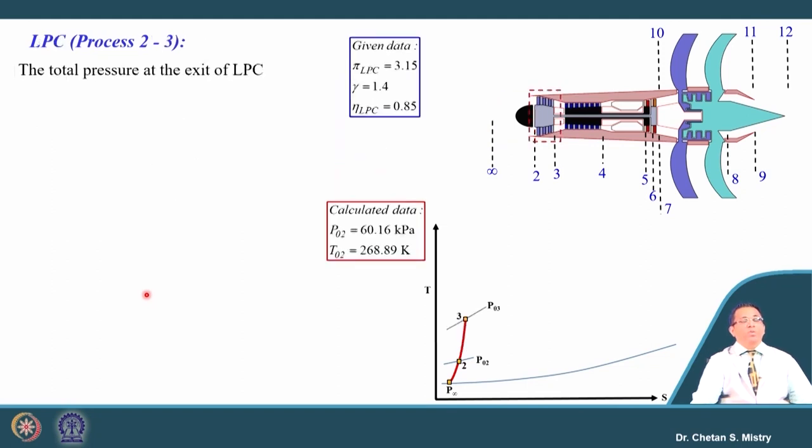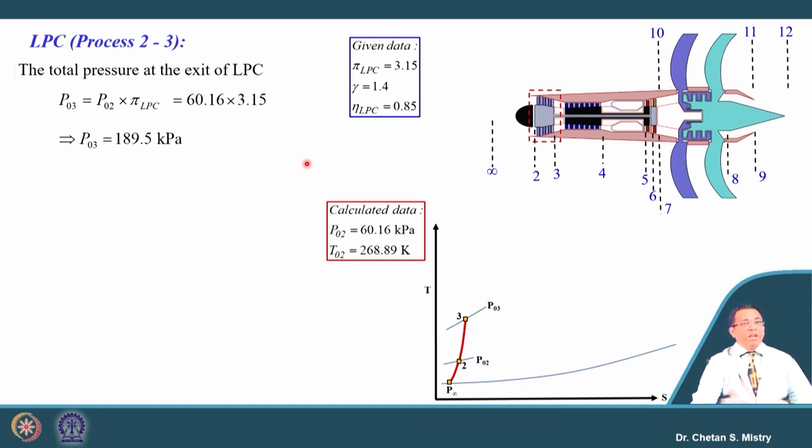Now, let us look at the next component, the LP compressor. For the LP compressor, we have the pressure ratio, which is 3.15, and the isentropic efficiency is given as 85%. Let us calculate the outlet pressure based on the pressure ratio. We have our inlet pressure as 60.16. Based on that, we can calculate the outlet pressure, which is 189.5 kilopascal.